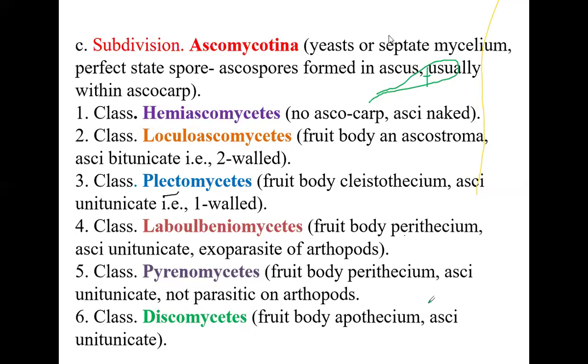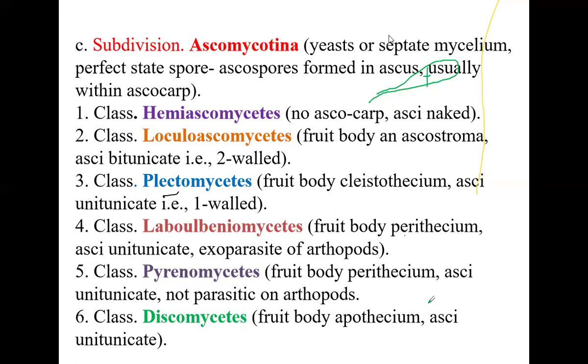Hemiascomycetes, Loculoascomycetes, Plectomycetes, Laboulbeniomycetes, Discomycetes, Pyrenomycetes. Who will read out the Pyrenomycetes? Your grandma will read out. Sorry, sir. Okay, these are the 6 classes.